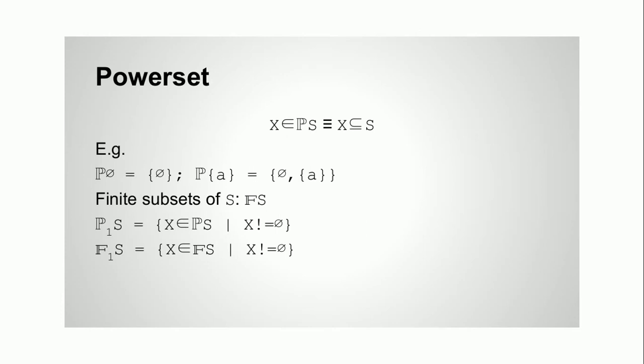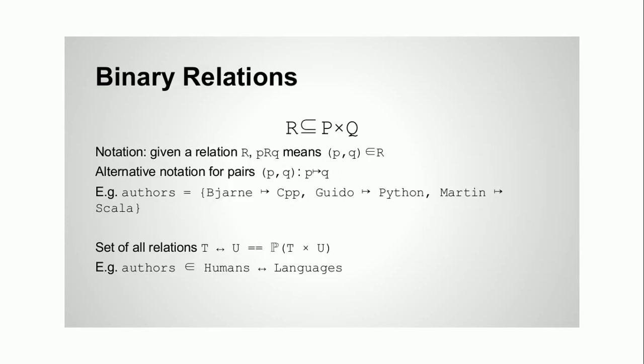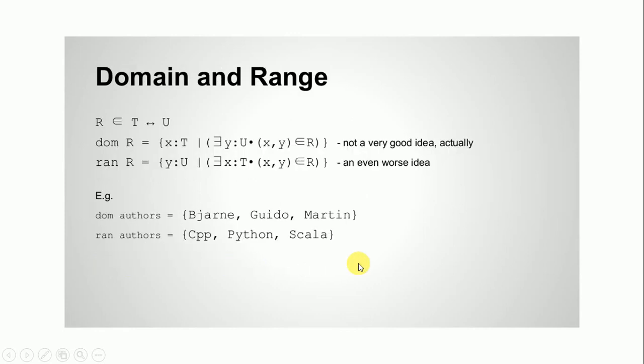Power sets. These are the examples of power sets. Binary relations: the notation for a relation R, p R q means the pair (p, q) belongs to R. The set of all relations. Domain and range.